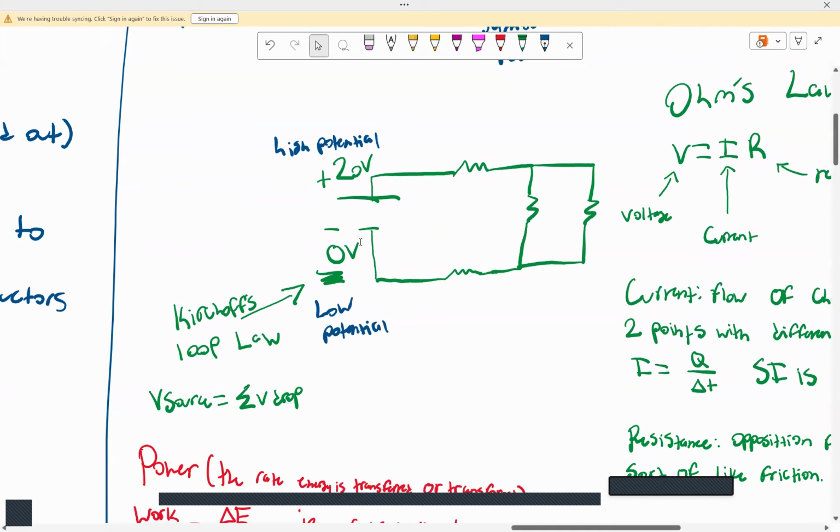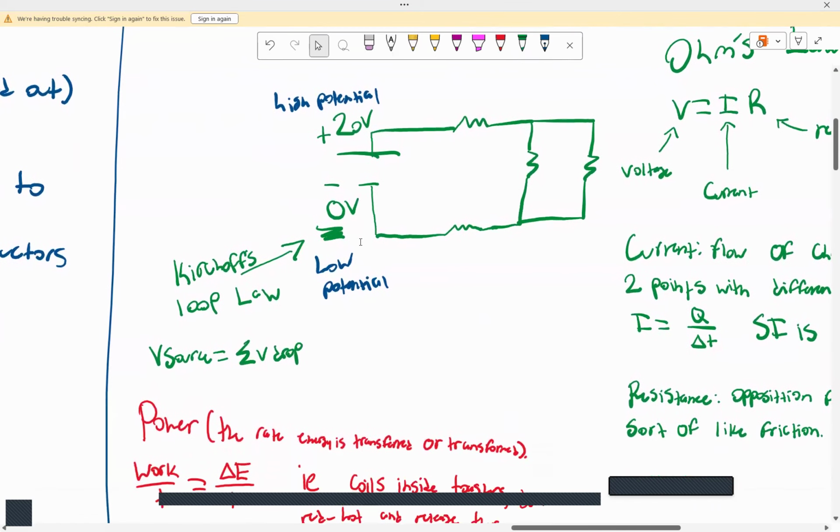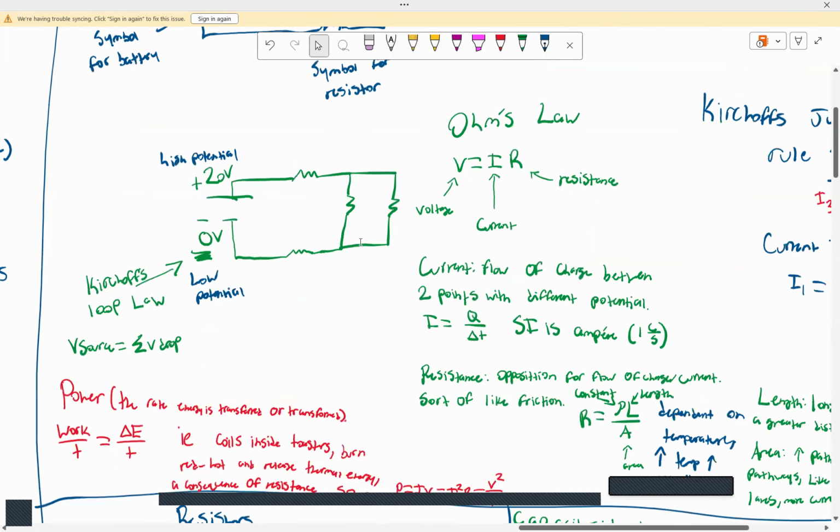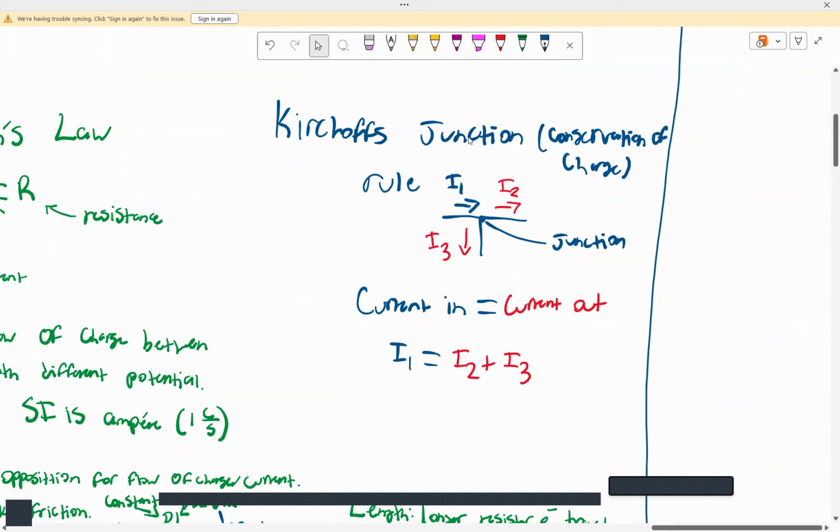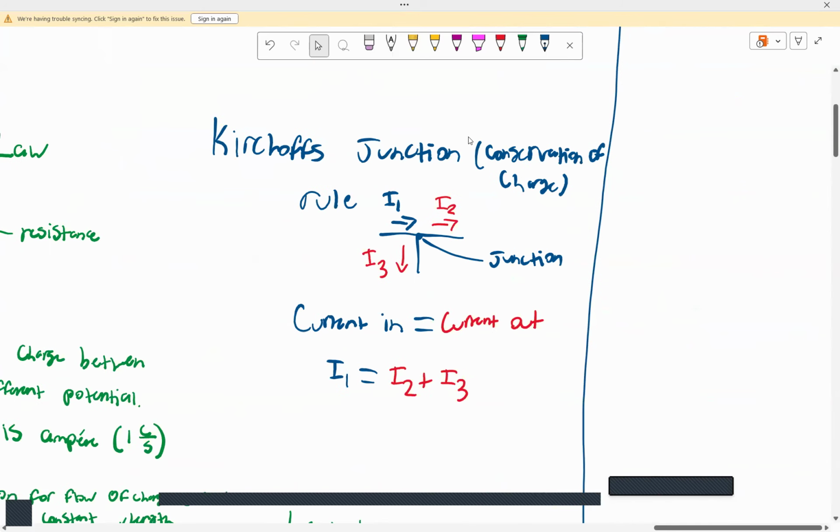And this is why batteries will die eventually. And then the other is Kirchhoff's junction rule, which is an example of the conservation of charge. So basically, this is saying that the current in is equal to the current out. In this case, I have current 1 flowing into the junction. Current 2 is flowing out of the junction, as is current 3.